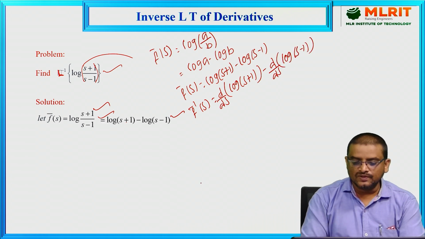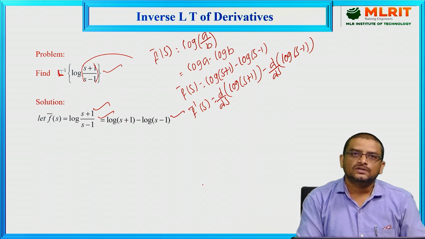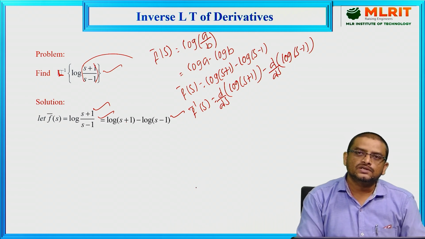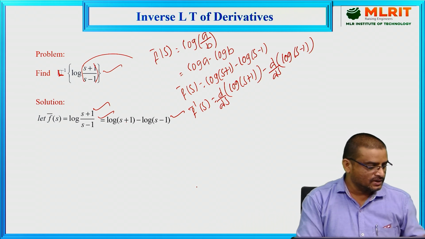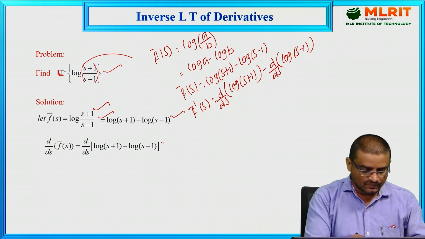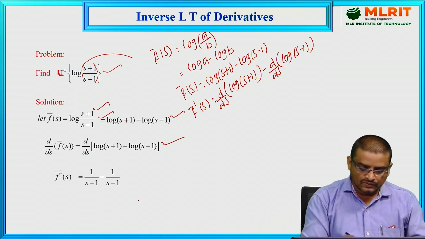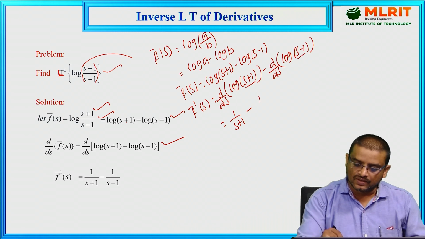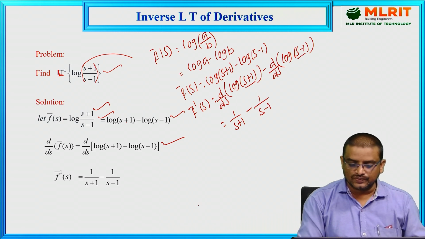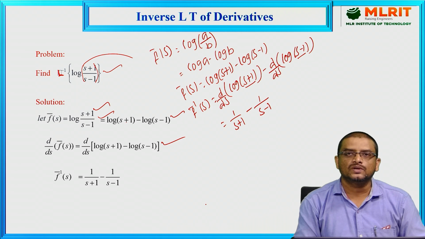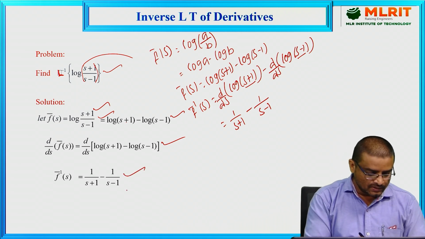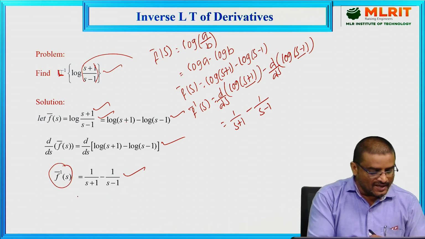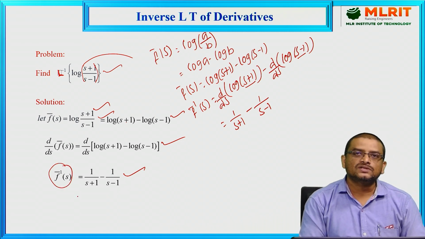This is of the form derivative of log x. What is the derivative of log x? We can consider that as 1 by x. So follow the same procedure here. In place of x, we have s plus 1, minus, in place of x we have s minus 1. So this can be written as 1 by (s plus 1) minus 1 by (s minus 1). This is f bar dash of s.